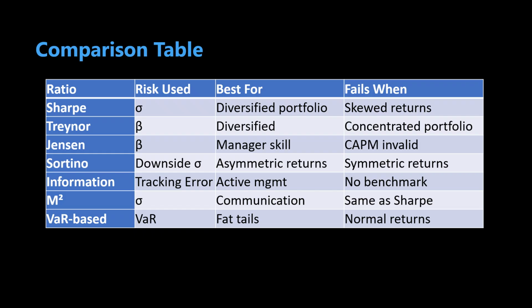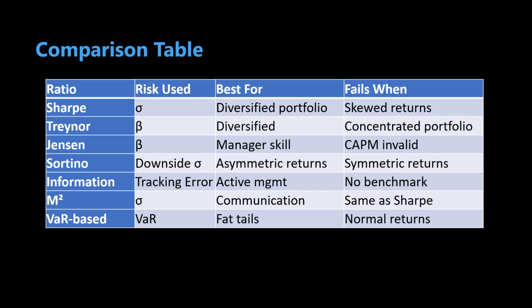Let's now consolidate everything into a single reference framework. Each ratio we have studied differs in which type of risk it uses and when it is most appropriate to apply. The Sharpe ratio uses total standard deviation and works best for well-diversified portfolios, but breaks down when returns are skewed. The Treynor ratio uses beta and is also designed for diversified portfolios, but fails for concentrated holdings. Jensen's alpha uses beta to isolate manager skill, but assumes capital asset pricing model, CAPM, validity.